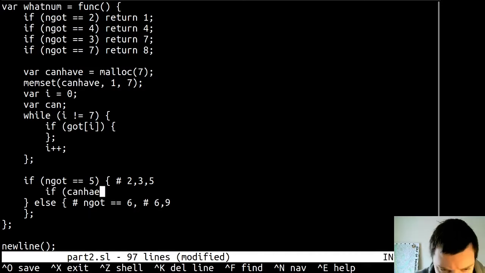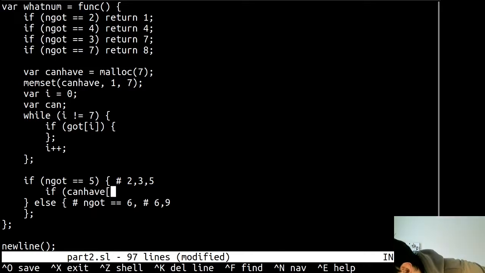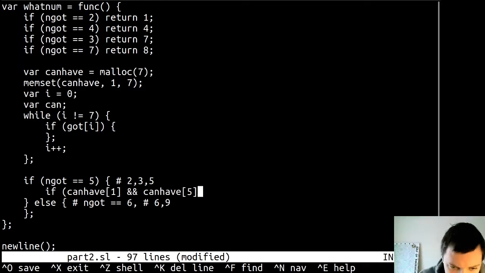I wonder if there's a distinction between might have and definitely have. Can we ever know we definitely have something? Well, we'll just go with might have so far. So if we might have B and we might have F, which means we might have 1, we might have 5, then we'll say it's a 6.